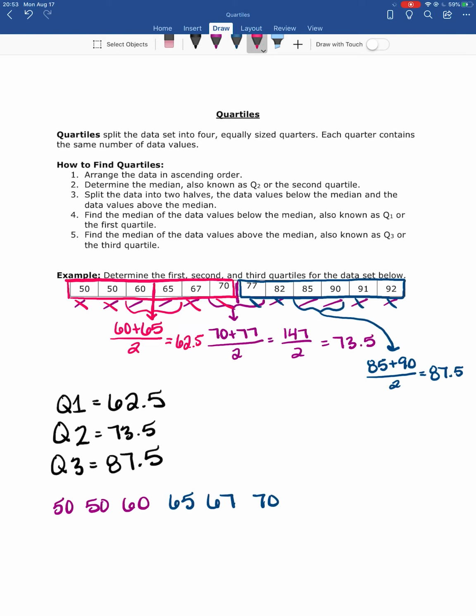The third quarter is 77, 82, 85. And then the last quarter is 90, 91, and 92. Those are our 4 quarters. Each quarter contains 3 data values. And that's quartiles.